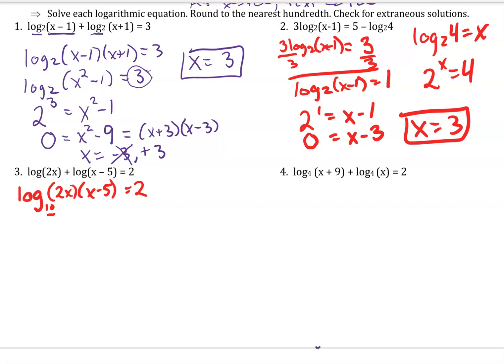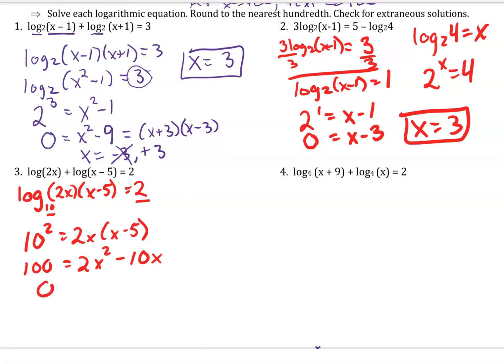We're going to use our rule of our basic definition of logarithms, and this means that 10 squared, 10 to the second power, equals 2x times (x minus 5). So 100 equals 2x squared minus 10x. Next, we're going to subtract 100 from each side to set our equation equal to 0.